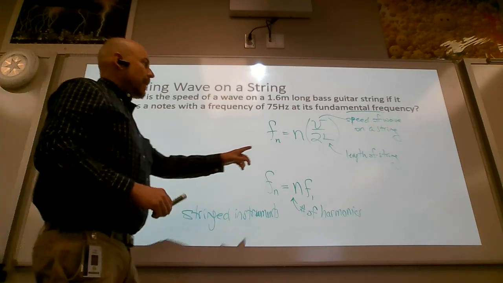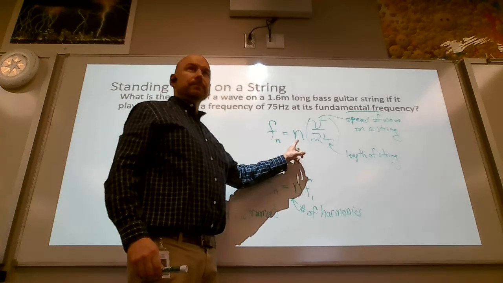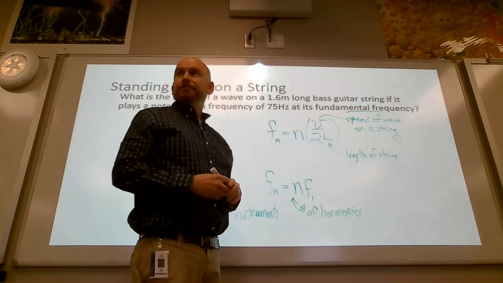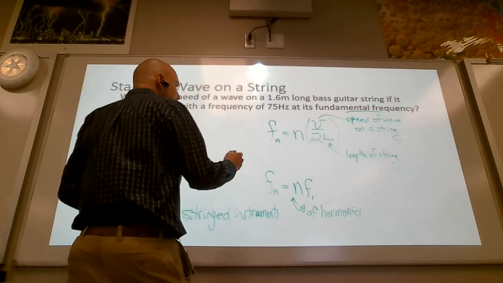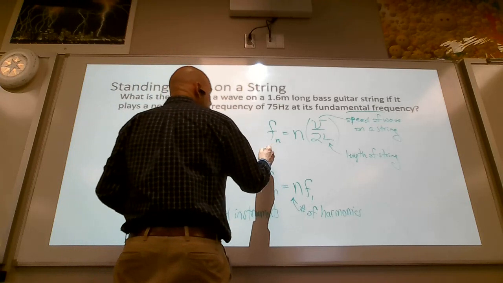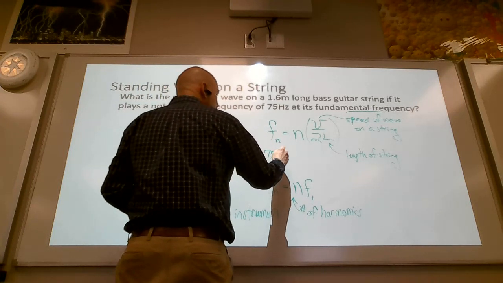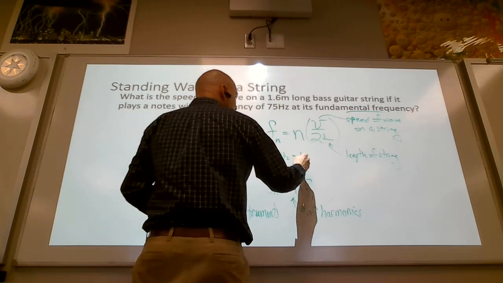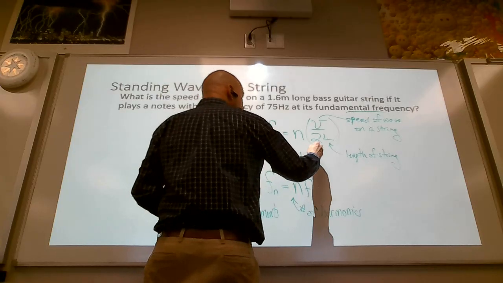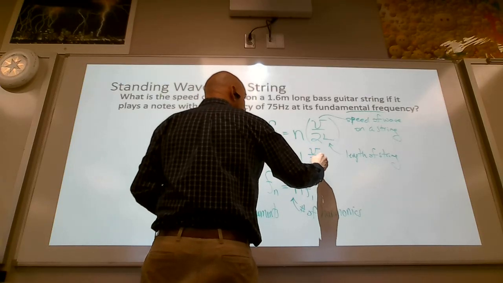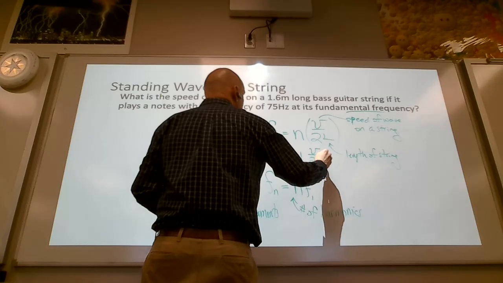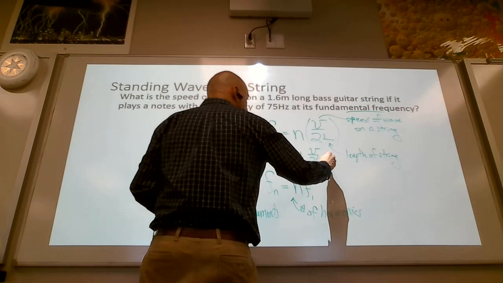This is n is equal to 1. So you have 75 hertz is equal to n equals 1, speed over 2 times 1.6 meters.